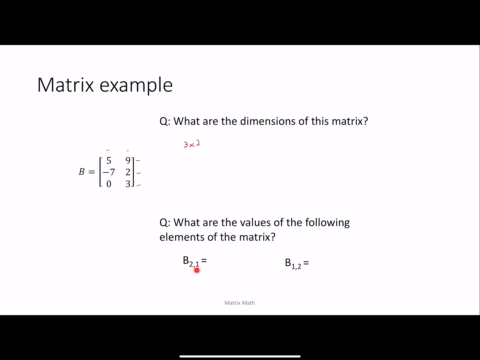So 2, 1 refers to the entry in second row, first column, which is -7. And 1, 2 is the opposite: first row, second column, so that's 9. So this is just a standardized nomenclature. Of course, we could have chosen to define it the other way around, but it doesn't matter which way you choose, as long as you choose one and stick with it. In all of the linear algebra books, matrices are referred to and indexed this particular way.